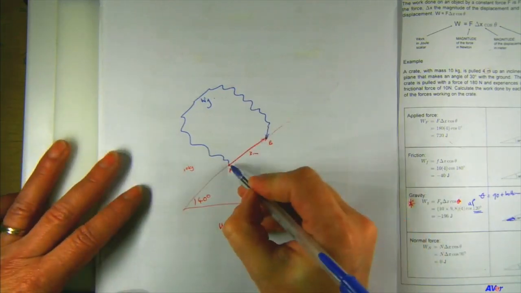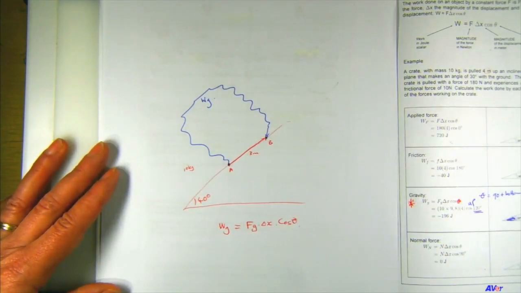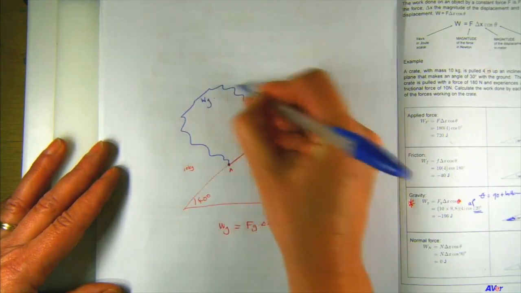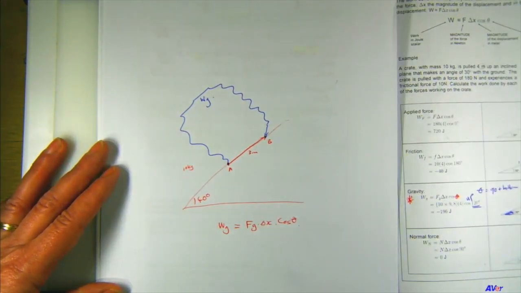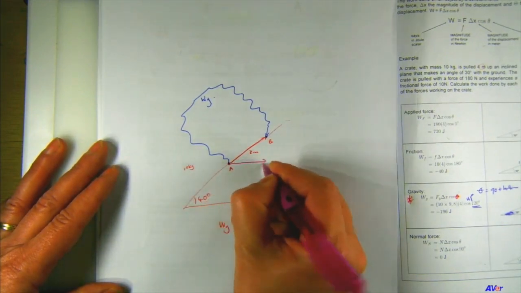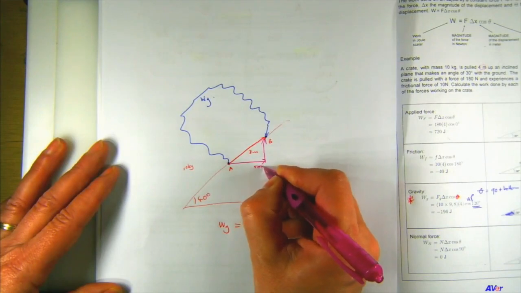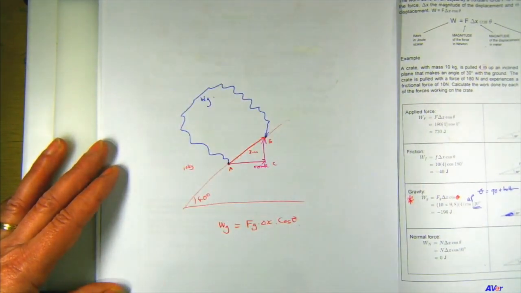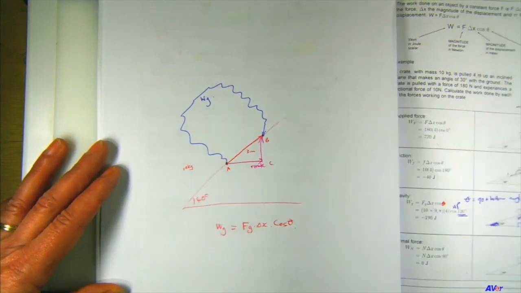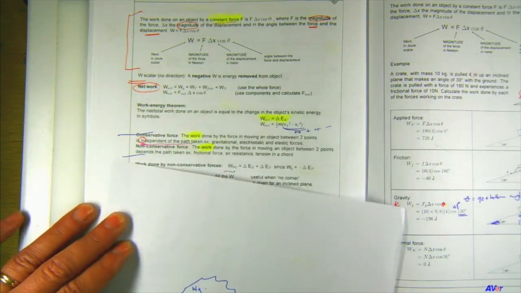It means that the work done moving it straight from A to B will be the same as the work done moving it all the way like that. Or if I chose, I could move it like that. Make that route C. Route A, route B, route C. It doesn't matter how I move it because it is independent of the path.